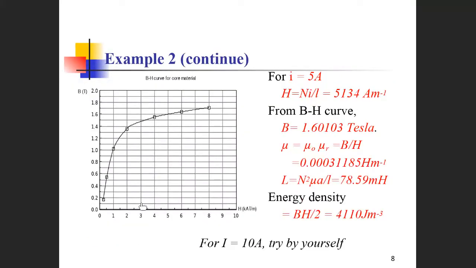Okay, so now with the previous slide in your mind, based on the given values, we can draw a BH curve in a diagram like this. This can be easily achieved by using Excel. If you have the table values, you can do it.